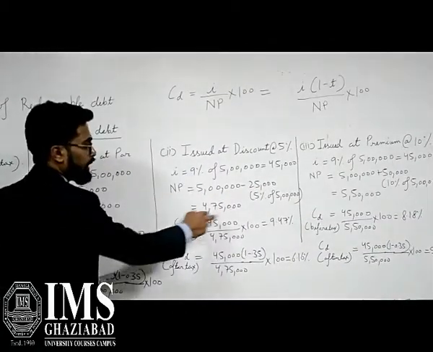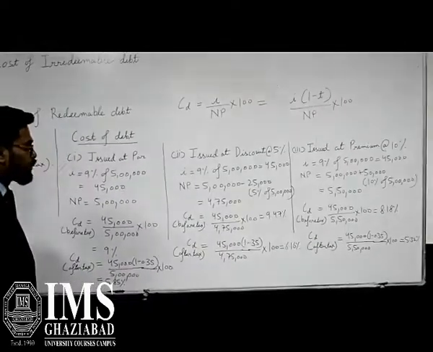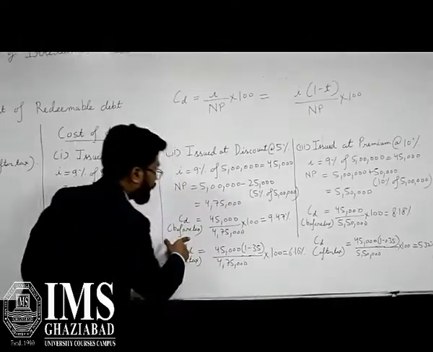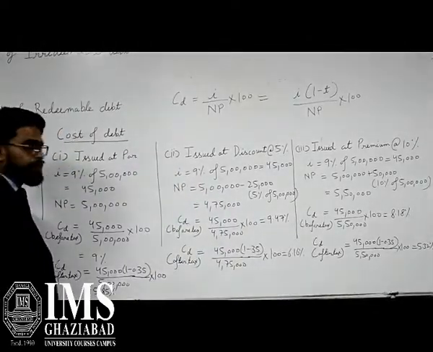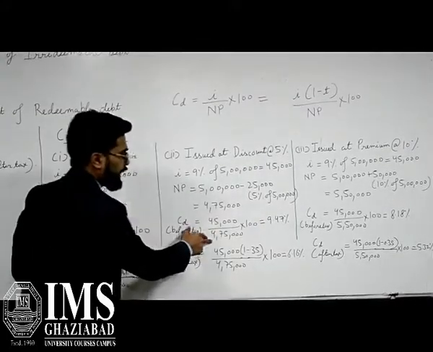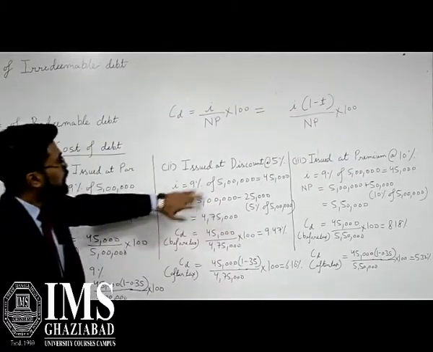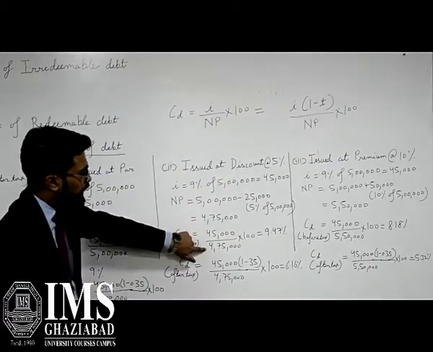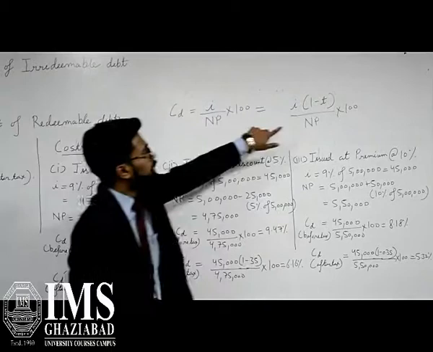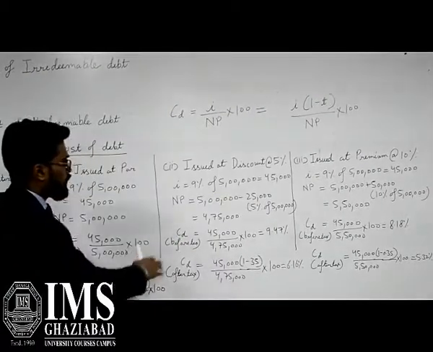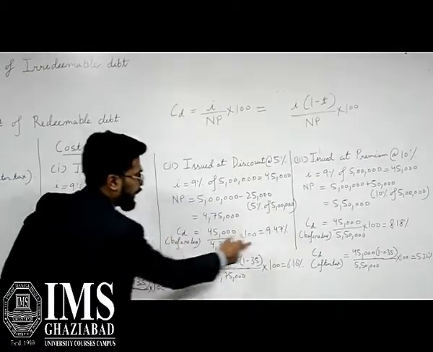So here NP is 4,75,000. So cost of debt before tax is 45,000 divided by 4,75,000 into 100, where I is 45,000 and 4,75,000 is the net proceeds.